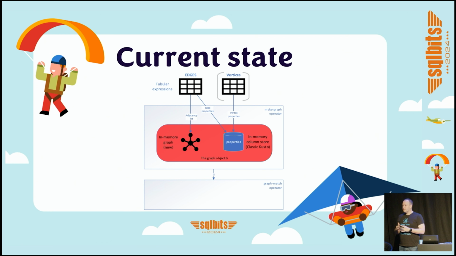Optionally, you can also have a tabular expression for nodes to augment properties on the nodes of the graph. Now we take this, we execute a statement which is called make graph, which defines the relation between source and destination in the graph. And when you create that, we create two in-memory objects. One is the graph object, which is literally just an in-memory representation where you have a number of nodes.